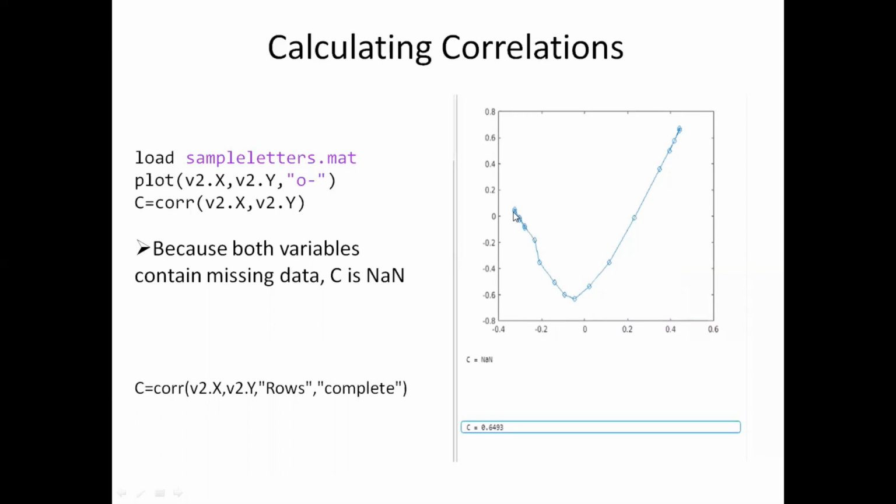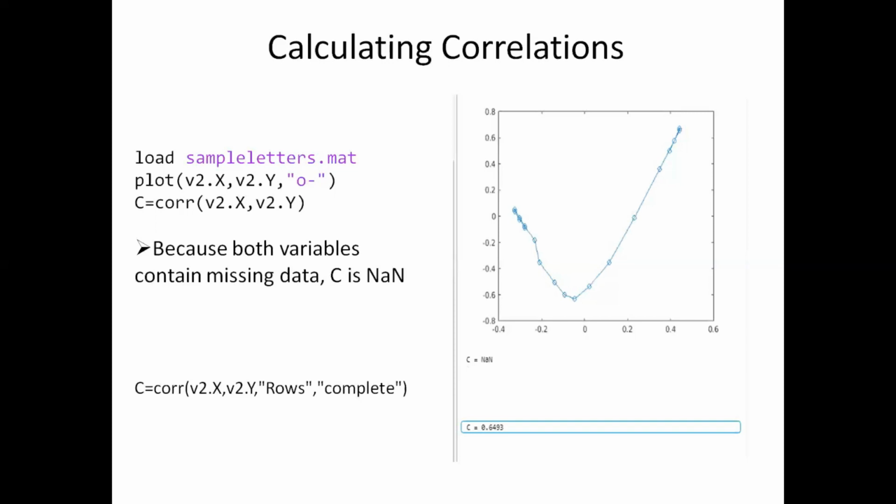Next we calculate the correlation between V2.x and V2.y using corr, an inbuilt MATLAB function that calculates the correlation between the two inputs. If you calculate the correlation this way, the result we obtain is a NaN, not a number, because there are some missing data in the variables.